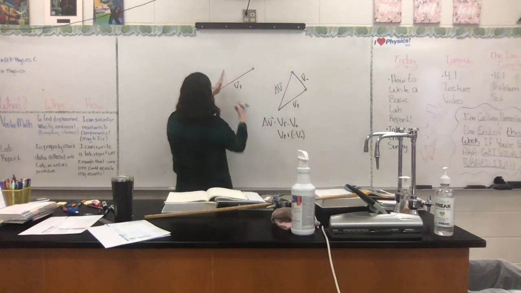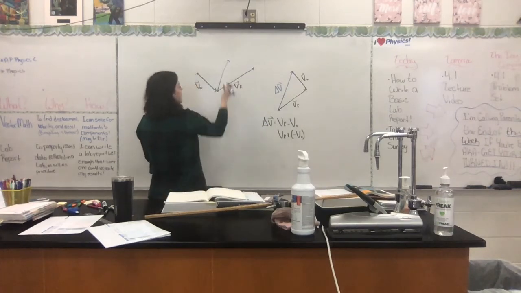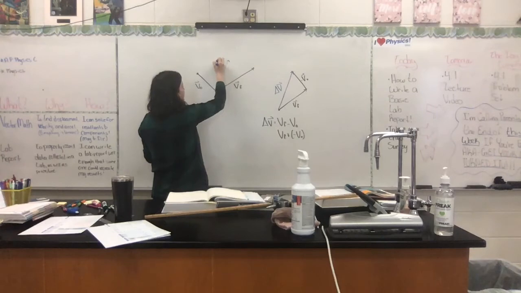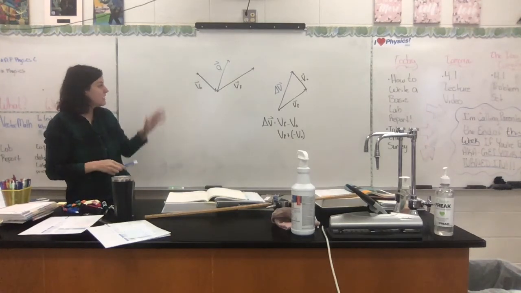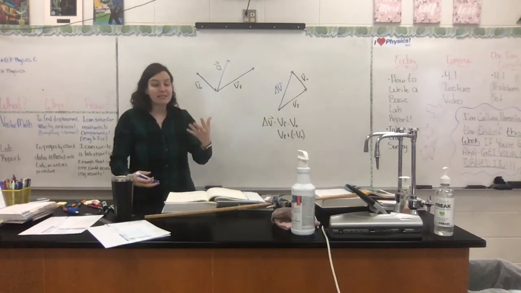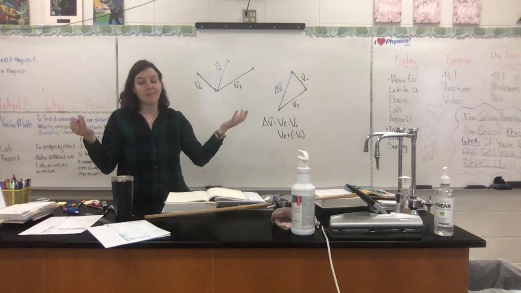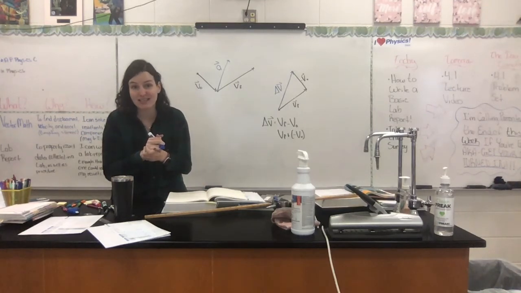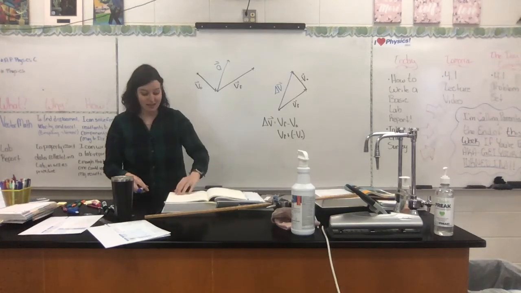So if I try to line that up halfway decently, this would be my acceleration vector. So the direction of the acceleration vector is going to be the same direction as your change in velocity, which makes sense because acceleration is change in velocity divided by change in time. Time doesn't really have a direction, does it? So it's going to be in the direction of that change in velocity, okay?